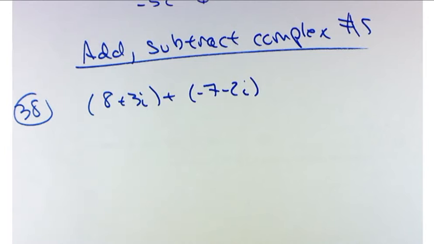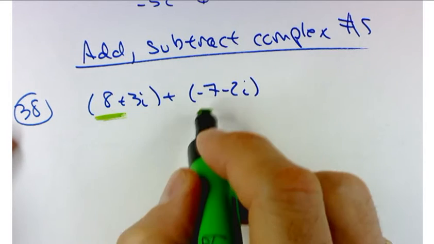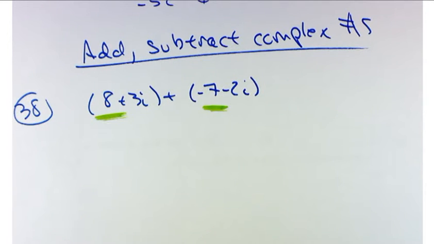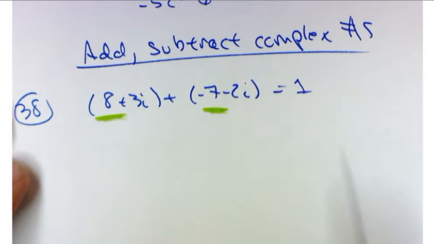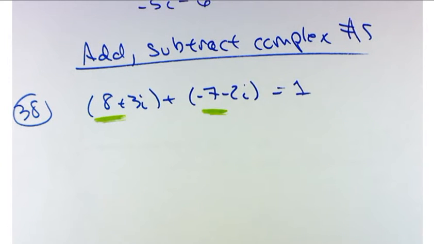And in some senses, this is going to be like polynomial addition. The idea is you're going to add up the like terms. So what are the like terms here? Well, that'd be the real parts here. What's 8 plus -7? 1. And then the imaginary parts.